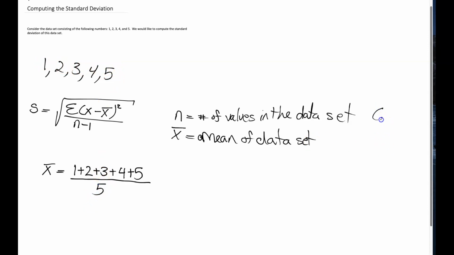So in this case, n equals 5. And if we add these, we find out that we get 15 over 5, which is 3.